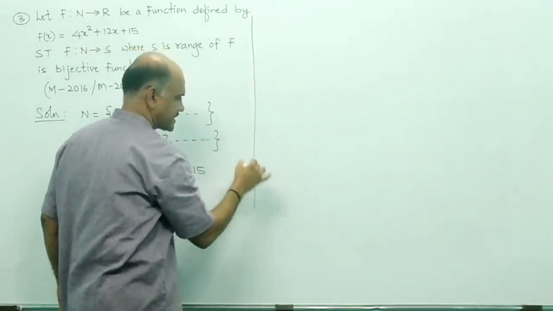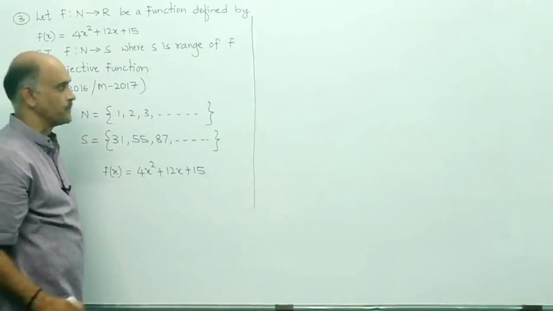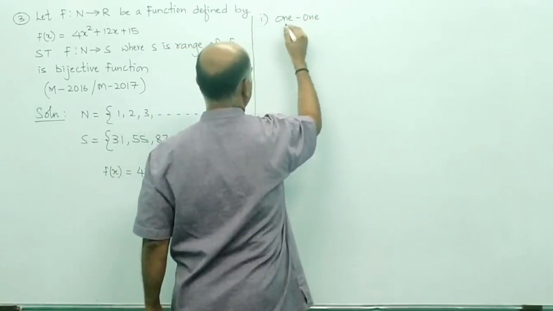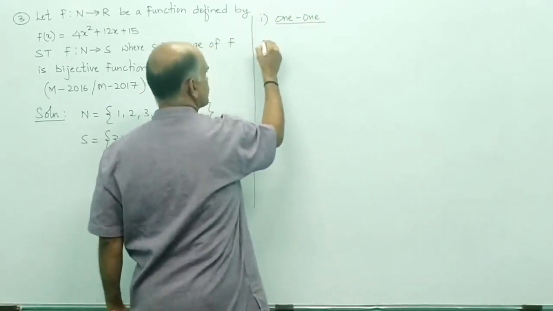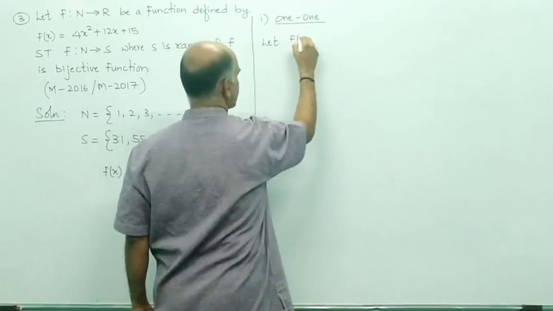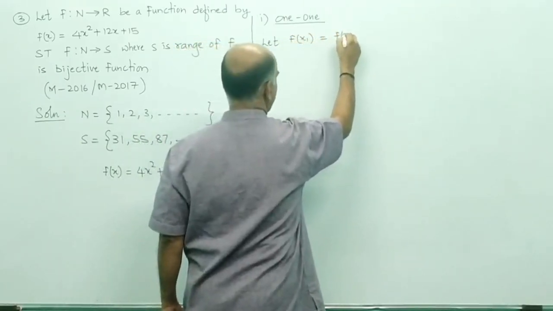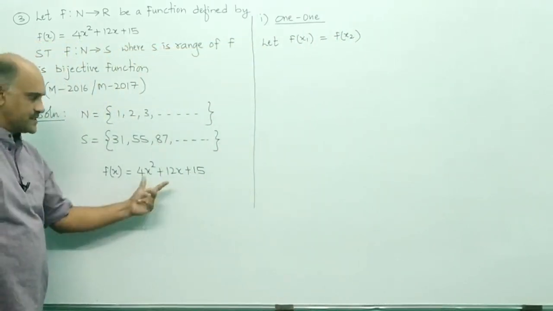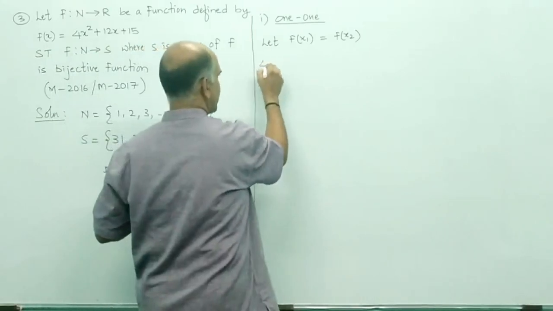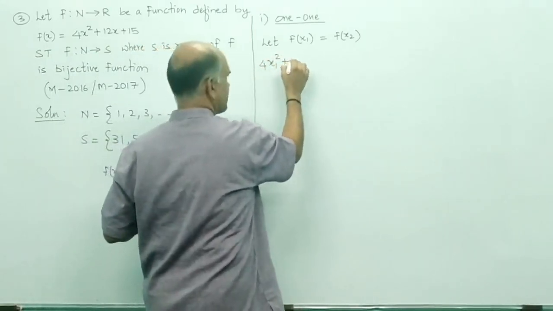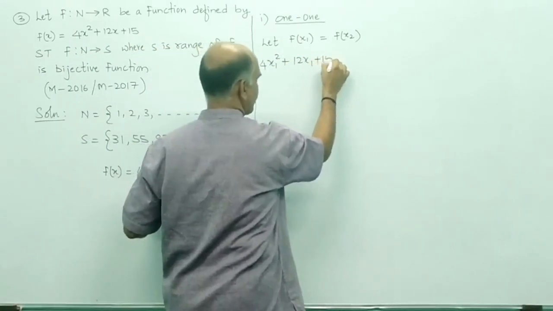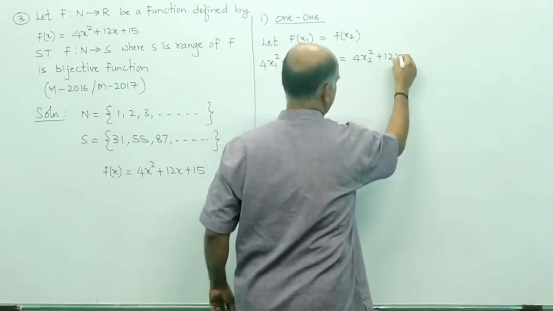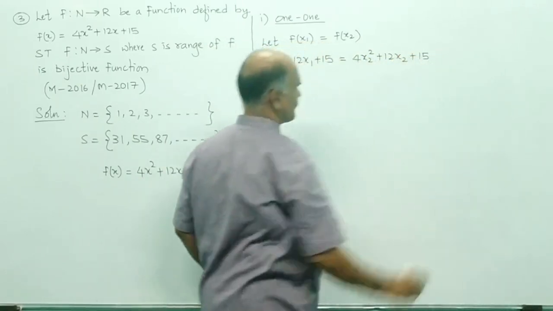Show that means compulsorily it should be one-one and onto. So if I take the first one, one-one, let f of x1 be equal to f of x2. So substitute x1 and x2 in this given function. If I substitute, I will have 4x1 square plus 12x1 plus 15 is equal to 4x2 square plus 12x2 plus 15.